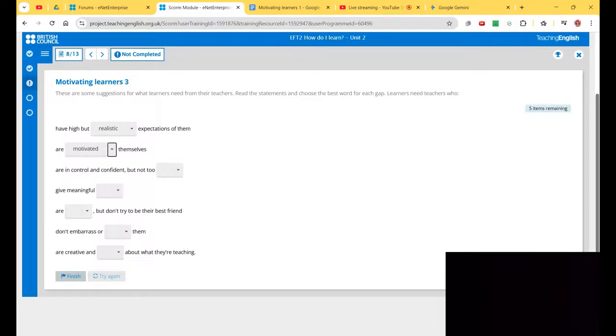Teachers who are motivated, teachers who are encouraging and competent, but not too strict. Give meaningful praise. Teachers who are passionate but don't try to be their best friend.